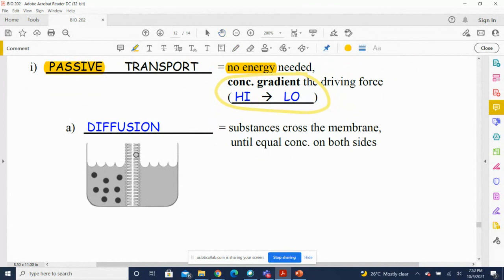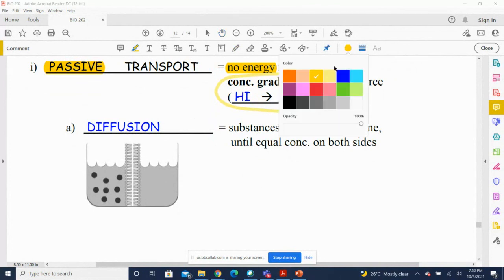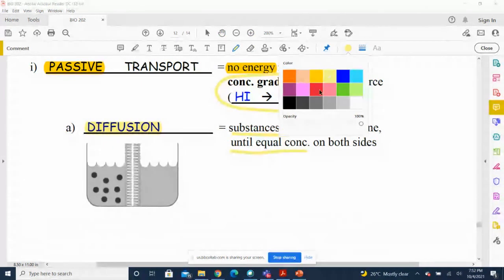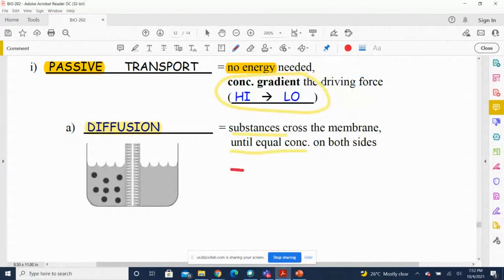So let's discuss diffusion a little bit. And here I provided you a diagram that's only partially completed, so if you're taking your notes, you might complete the rest. So we see that we have some substances here, and these substances are able to move across the membrane until we end up with the same amount of substances on both sides. So until the concentrations are in balance.